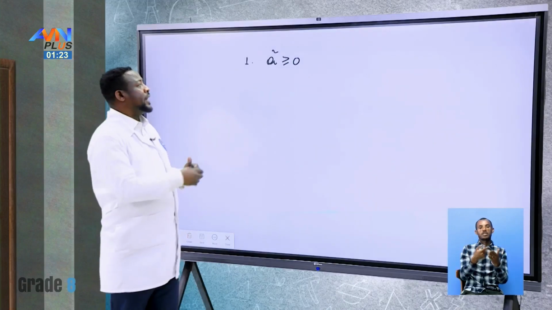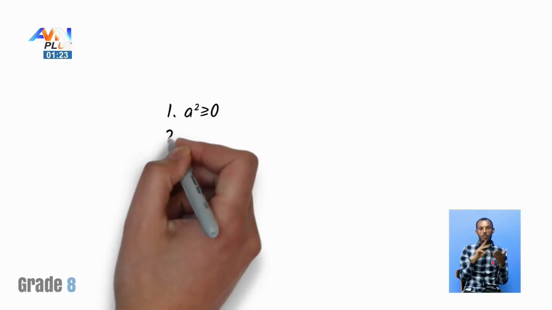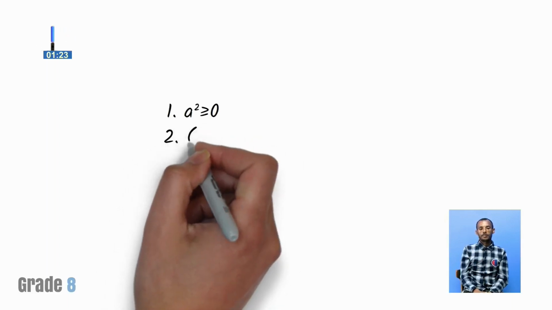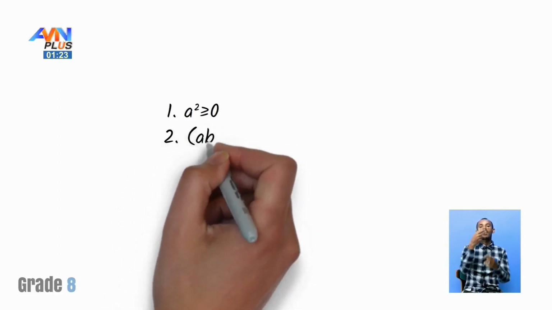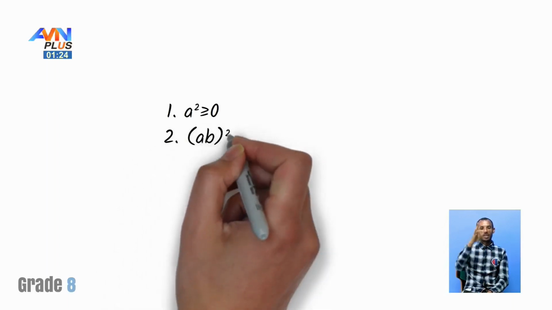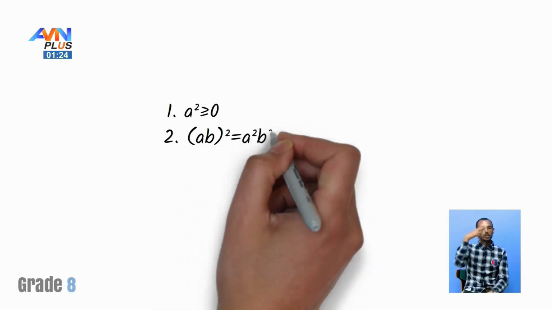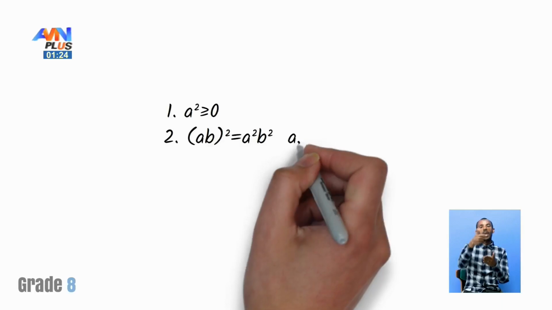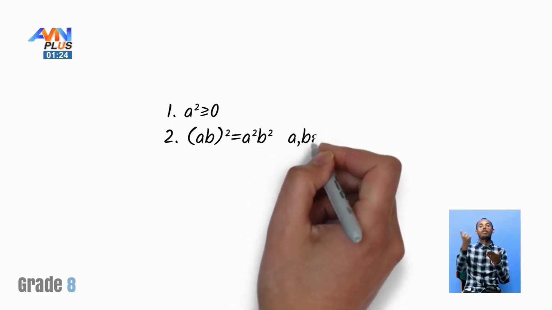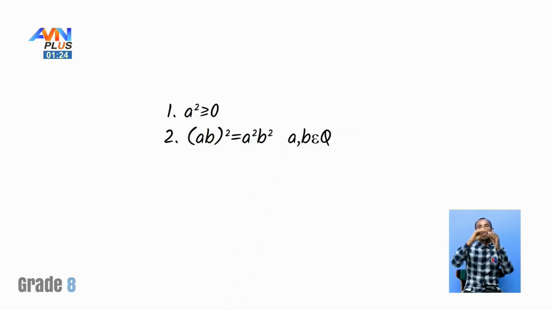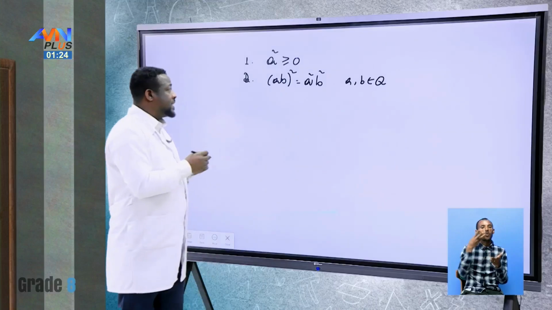The other thing we have seen is that A times B the whole square is A square times B square, where A and B are elements of rational numbers. Okay, this was the second property.